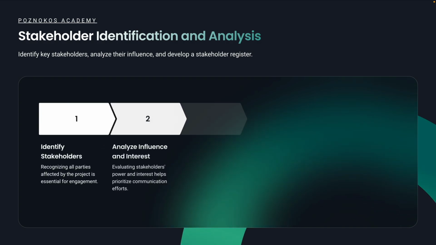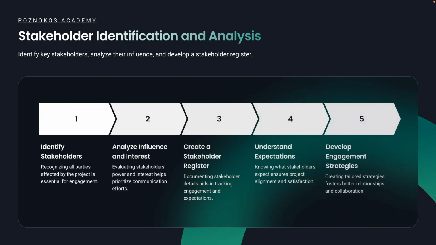Next one, it's stakeholder identification and analysis. Steps one by one. Let's review. Defining stakeholders. First of all, you need to identify all stakeholders that are affected or somehow interested in your project. Then analyze influence and interest. You need to evaluate their power and how they can help in the goals of the project. And then you can prioritize your communication effort based on their power.